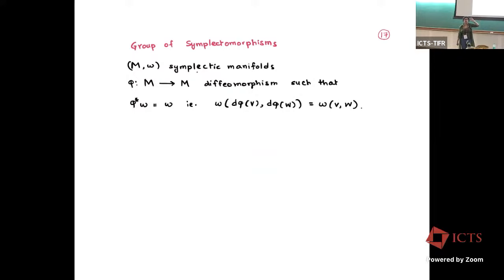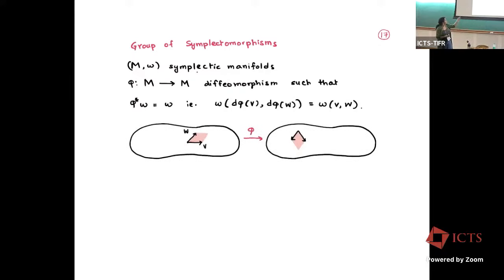So it has an inverse. So the function and its inverse both are differentiable. Roughly, that's the definition. And you want it to be in such a way that it preserves this omega form. So if it takes this point P1 to P2, omega at P1 and omega at P2 should match. Otherwise, it can't take it to the other point.